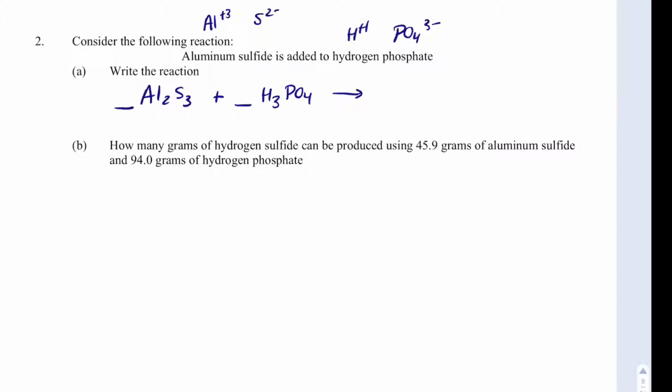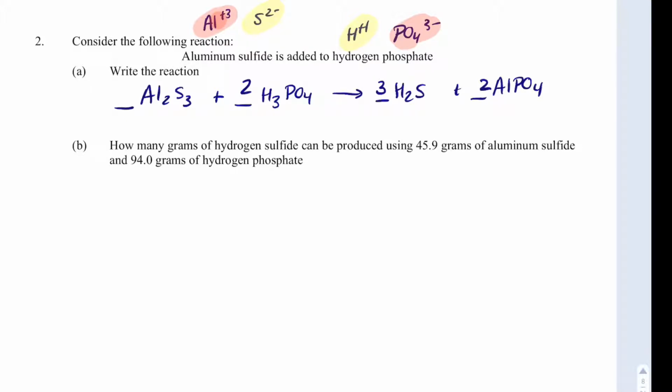And that's going to produce, it doesn't tell me, but I know that this is going to be a double replacement reaction. So hydrogen is going to be with sulfide, so I get H2S, plus I know aluminum and phosphate are going to bond together, so I'm going to get AlPO4, and then to get this balanced, that would be 1, 2, 3, and then 2.